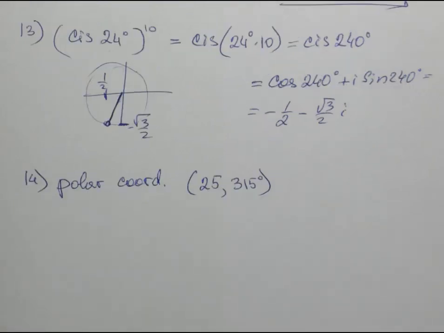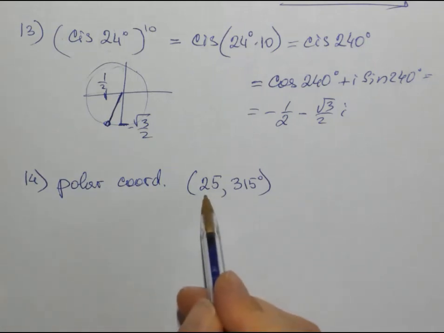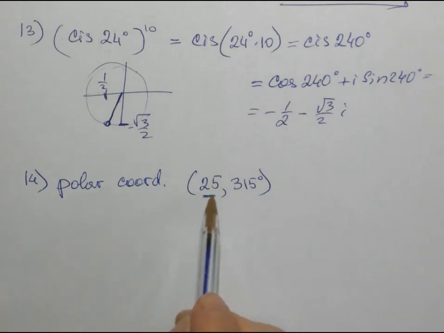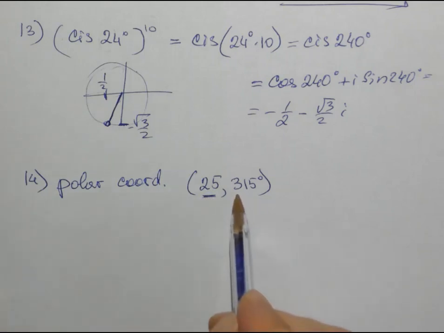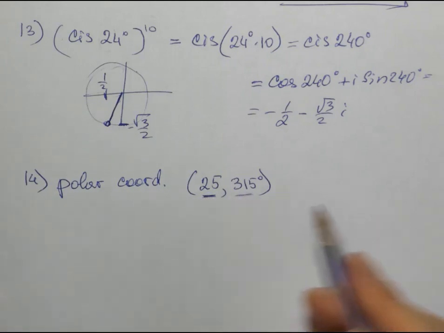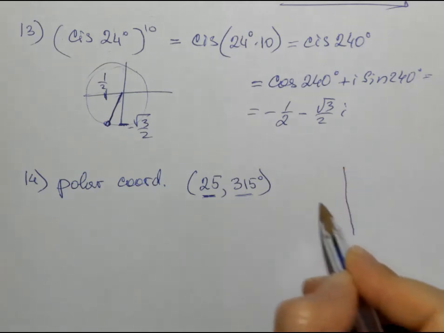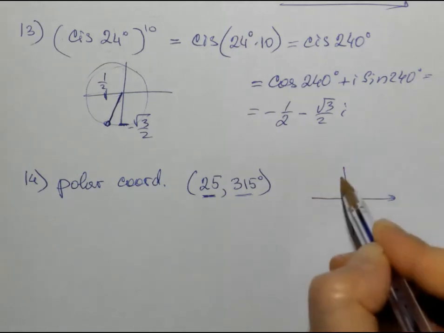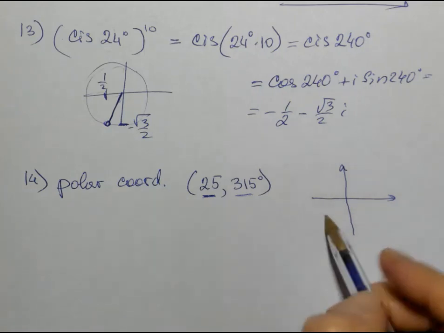Let us plot the number given in polar coordinates. The first number represents the distance from the origin. The second number is the direction angle. So the distance from the origin is 25 units.